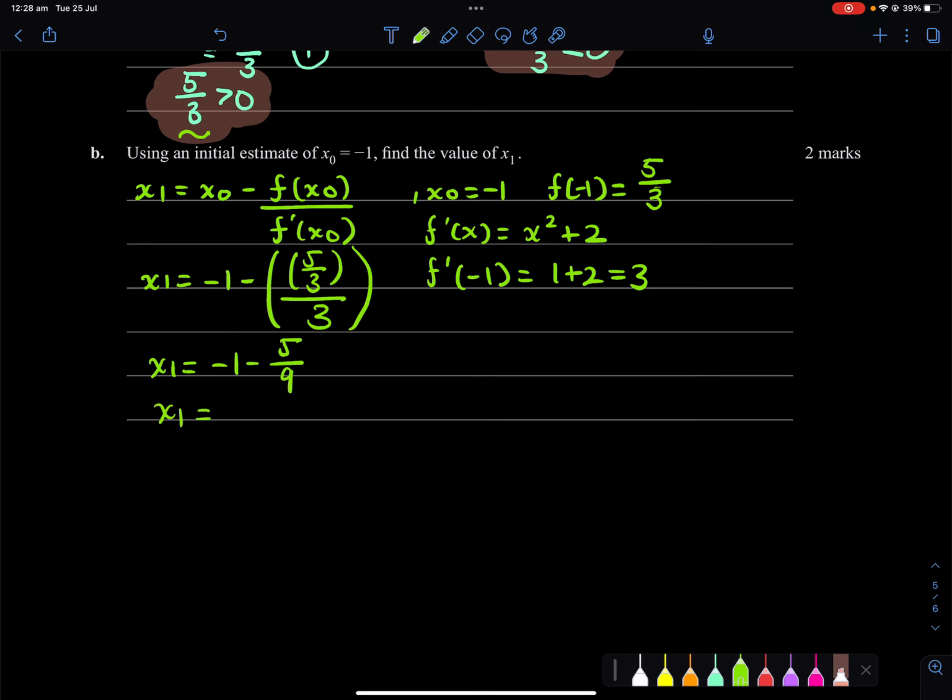So what's -9 minus 5? That will be -14/9. Okay, perfect. So your value of x1 is -14/9. Just want to double check if that's right.